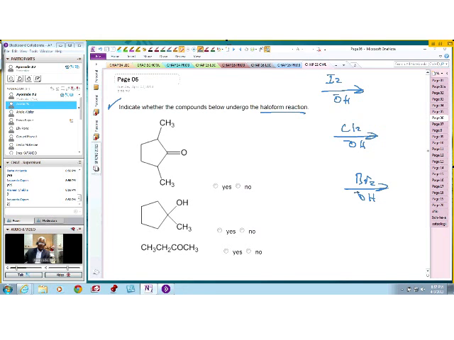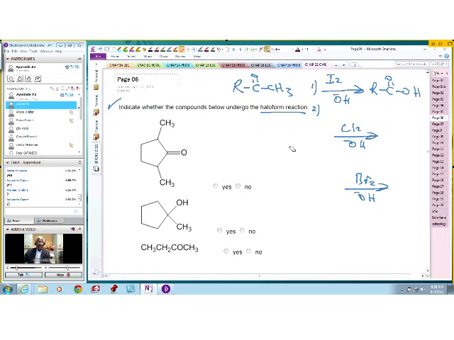Each of these reacts with a methyl ketone to give a carboxylate, and then when you add acid to it, you get your carboxylic acid.